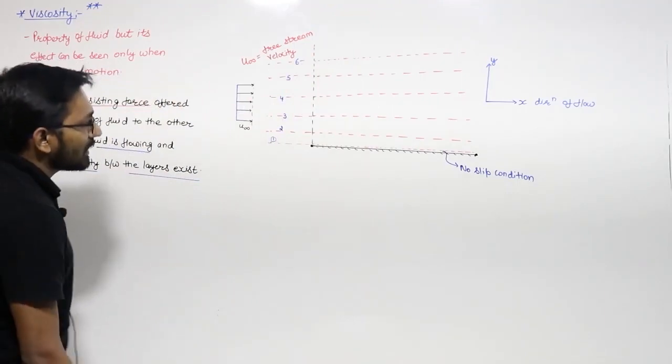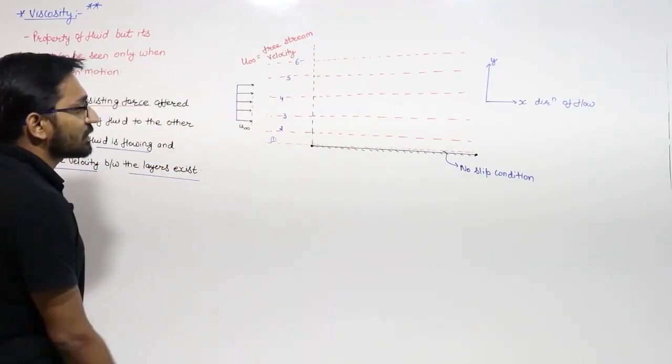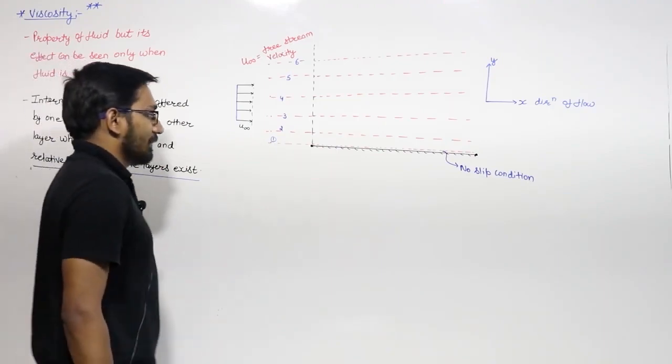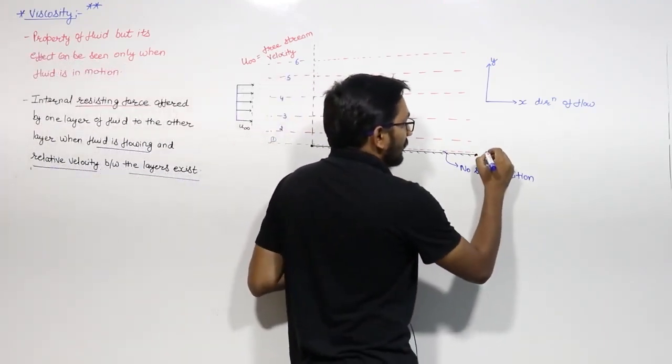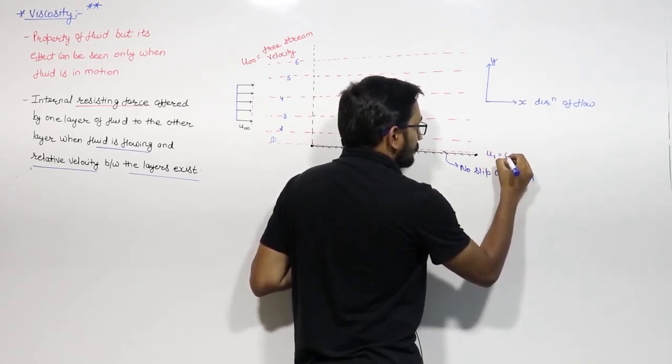Then when this first layer is in contact with this solid boundary, it will take the velocity of this solid boundary. So the velocity u of the first layer will be 0.